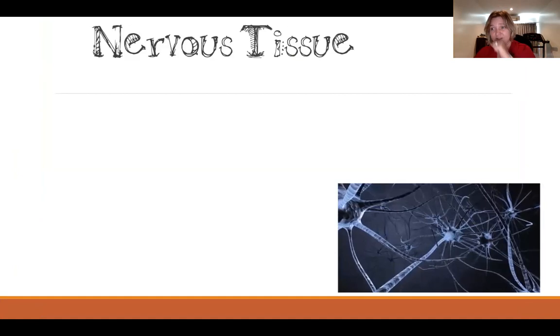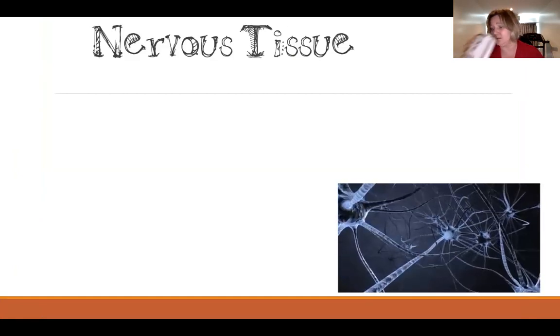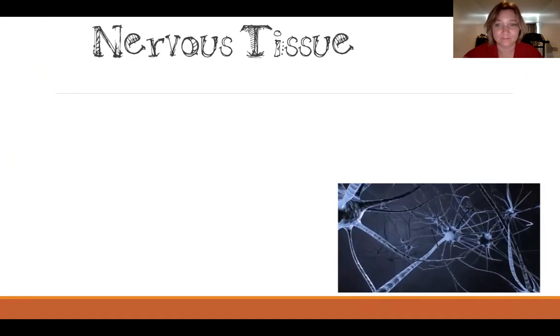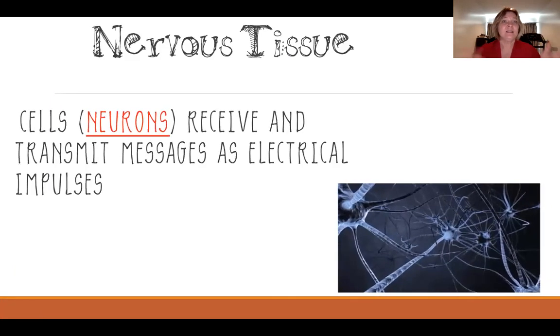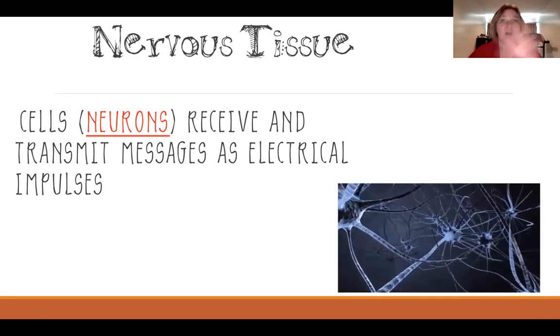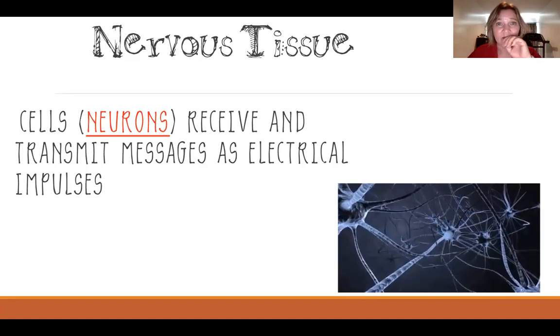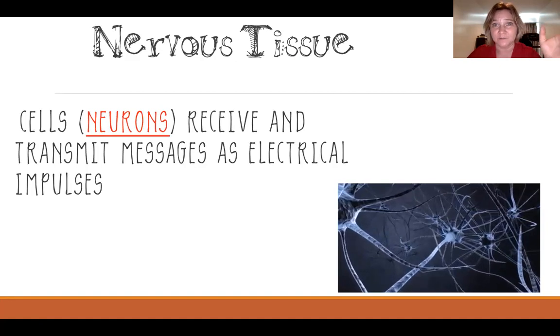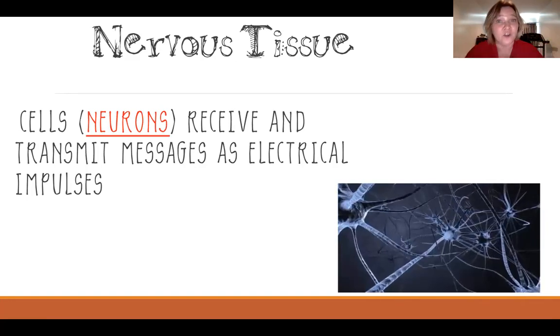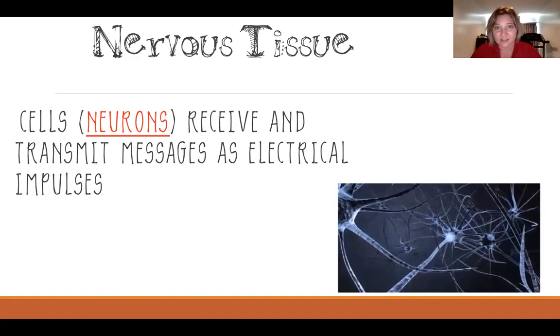Next up is nervous tissue. Okay, the cells in nervous tissue have a specific name. They're called neurons. Oh, I forgot to mention that all of the new vocab is going to be in red, trying to make it easy to identify. Anyway, neurons are cells of the nervous tissue.